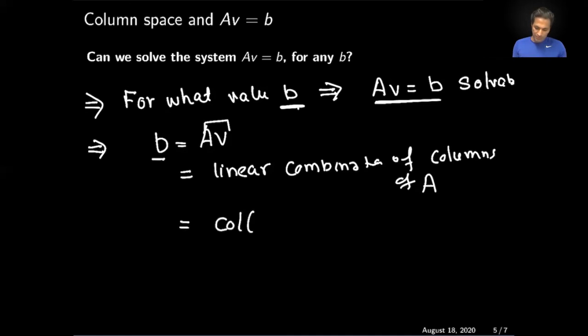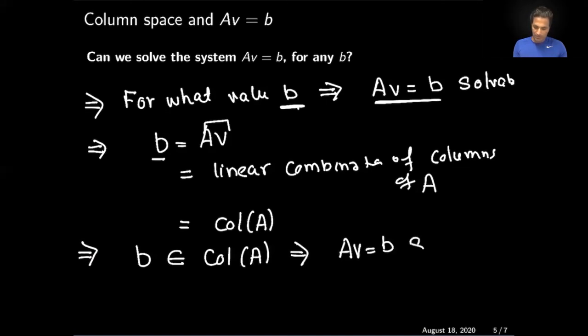So that means if b belongs to the column space of the matrix A, then we can solve this linear system. Then Av equals b is solvable.